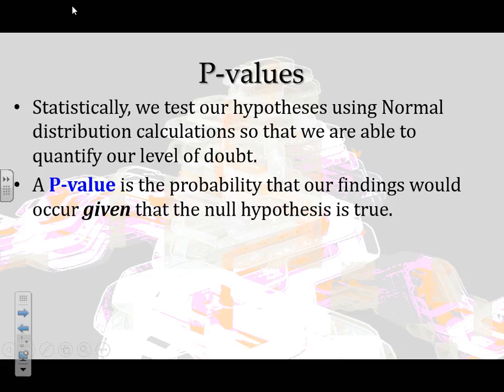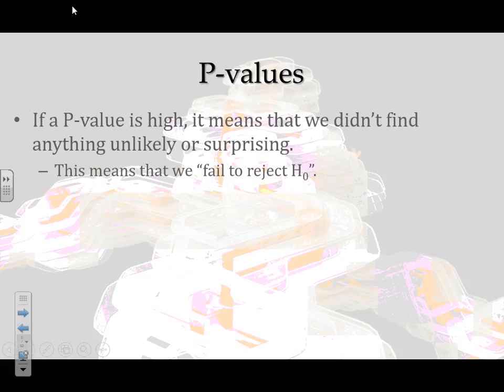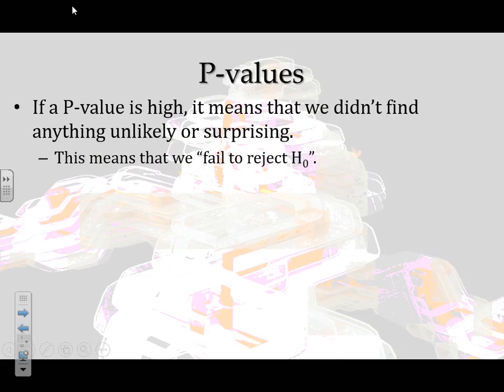So what's the probability that we find this sample value? What's the probability we find this sample proportion? Or what's the probability that we find this sample mean if that null is actually true? Okay? So if we think about this, if a p-value is high, so if I get a really high p-value, if I get a high percentage or high probability, then what we're saying is we didn't find anything unlikely.